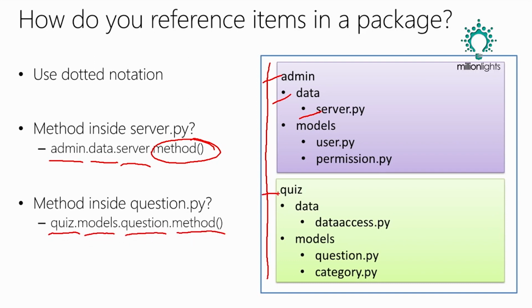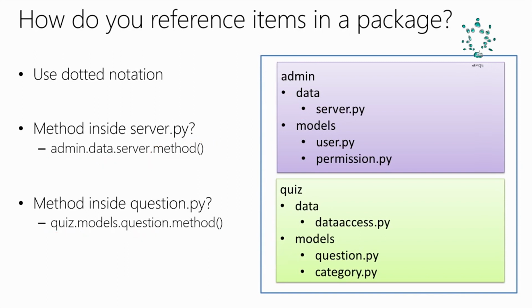Forgive me, I went the wrong direction there. Models, question, there we go. And that's nice and intuitive. Honestly, it's just like trying to find a file in a folder. You specify the file path, and it takes you to that specific file. In this case, we're just specifying a package path. Instead of using slashes, we're just using dots.